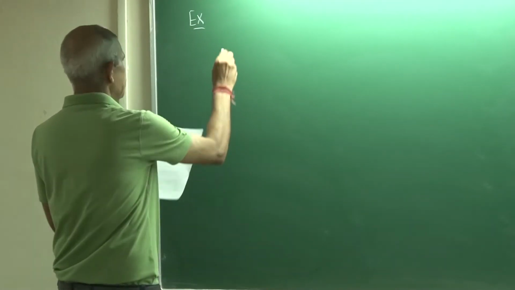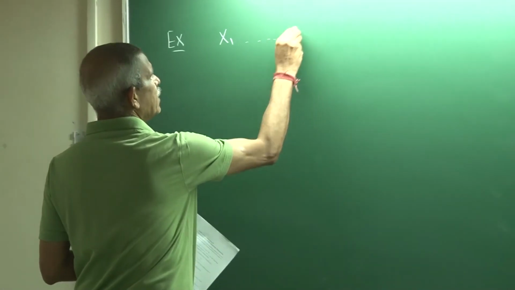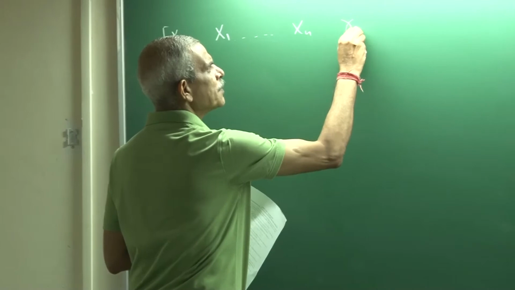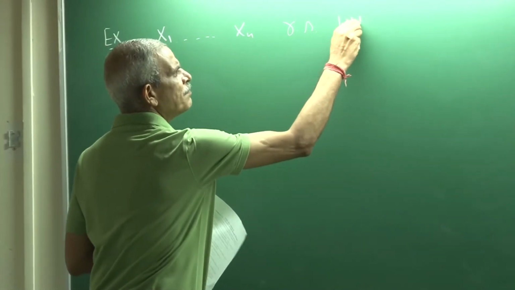What you have is X1, X2, ..., Xn a random sample with PDF.